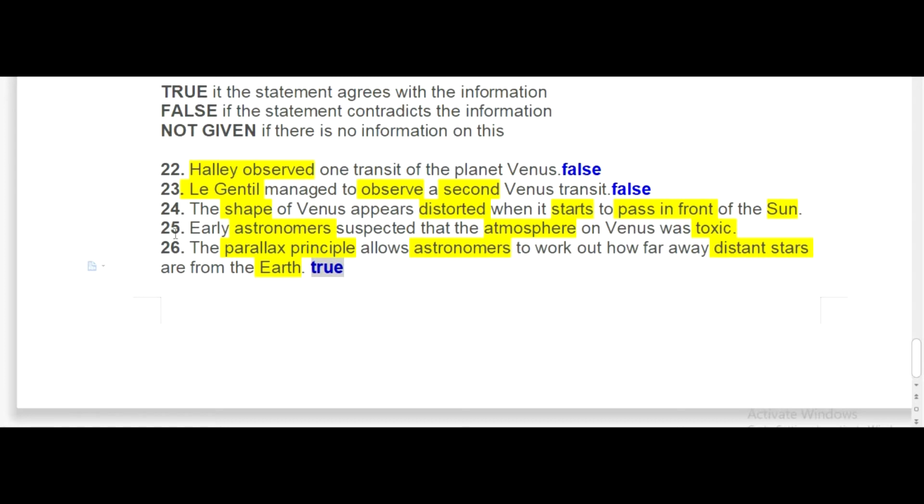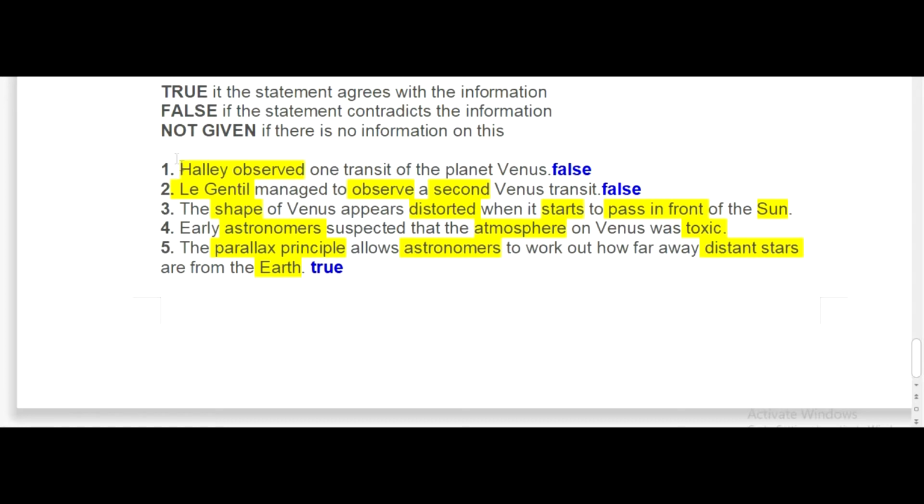So let's do our question number third. The shape of the Venus appears distorted when it starts to pass in front of the sun. Okay, first we are looking for keywords: shape, distorted, passing front, and sun.